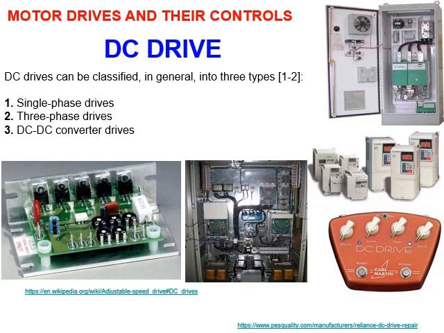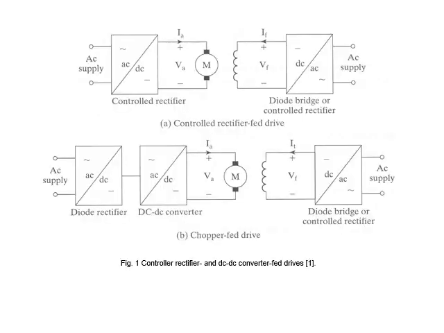Now, first of all, we will talk about the DC drive. DC drives are used in many applications, and as you know, we have series, shunt, and separately excited DC motors. Just to remind you, I will do a revision first about the DC machine. You have the armature here and you have the field.